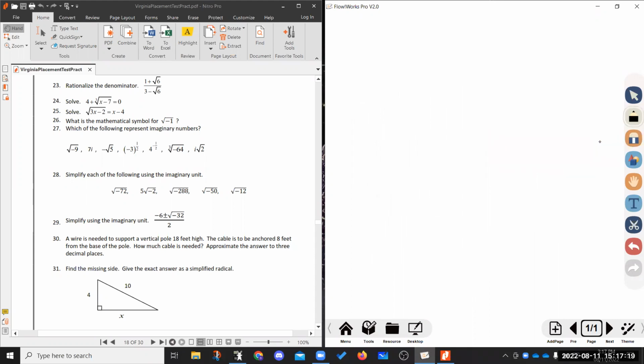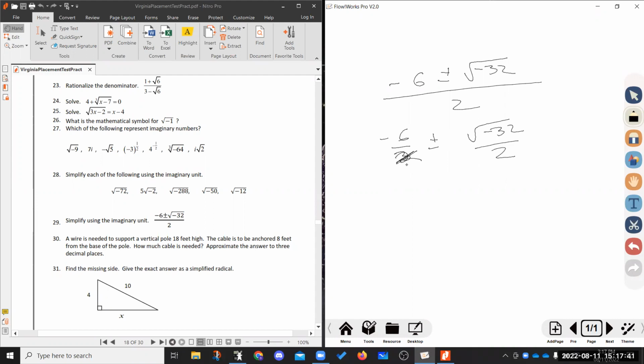Now they want us to write something with the imaginary unit that looks like it might eventually be the answer from the quadratic formula. You may or may not know the quadratic formula at this point. I'm going to write this as this.